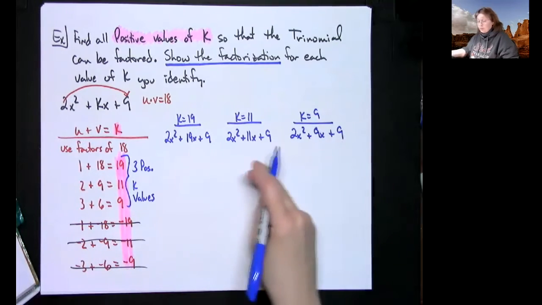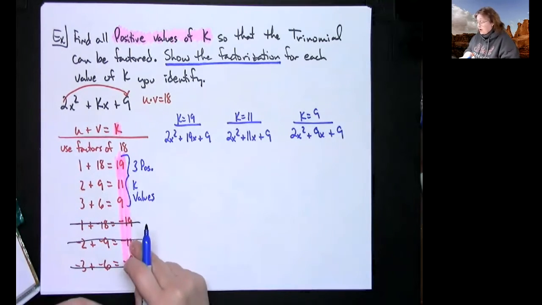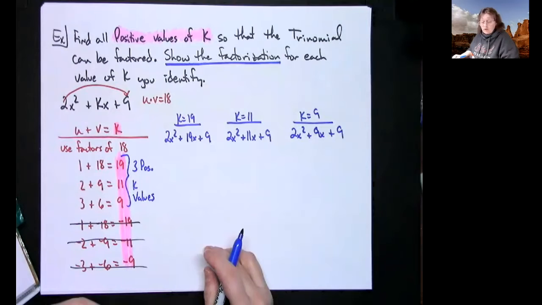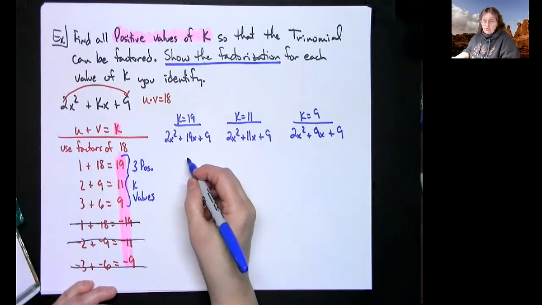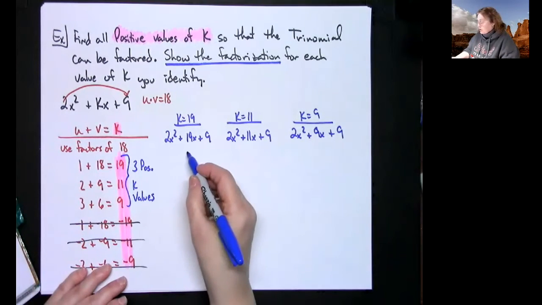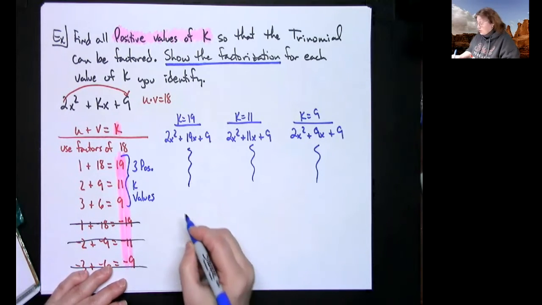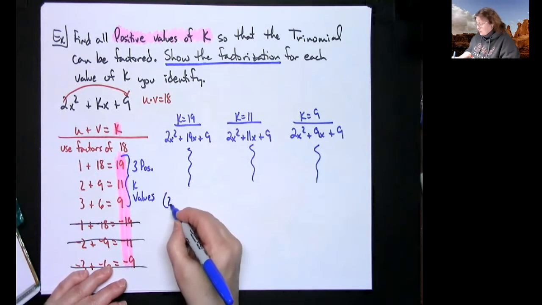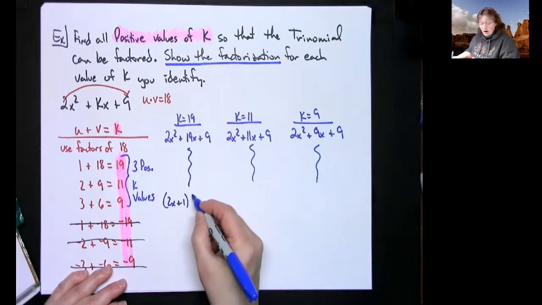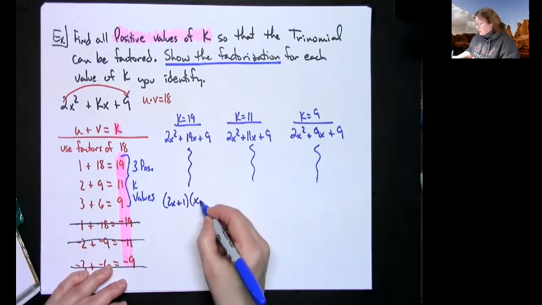So I've got 3 trinomials because I had 3 values of k, and it wants me to do the factorization. We're not going to go through the factorization because you can factor these using slide and divide. They should all factor. This one is a 2x plus a 1 and an x plus a 9.